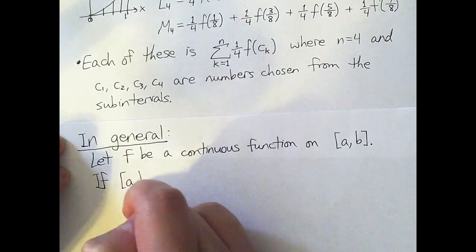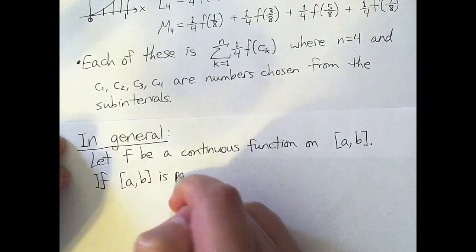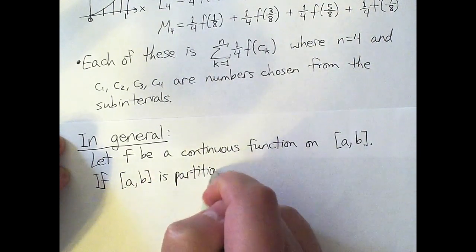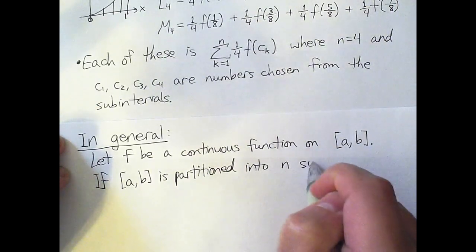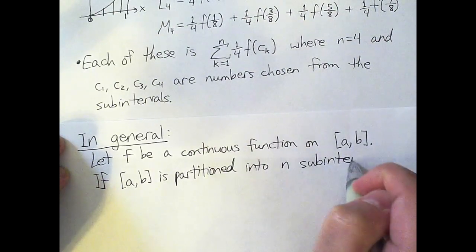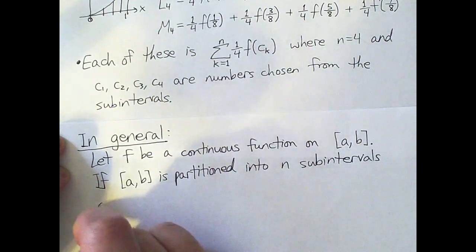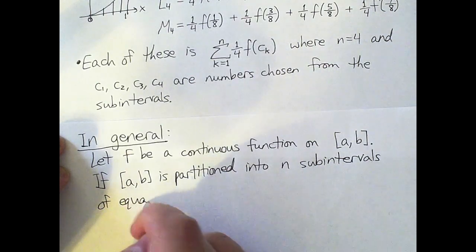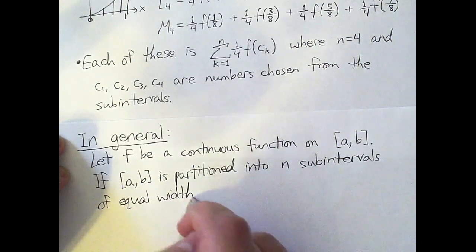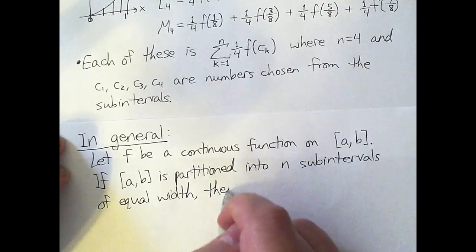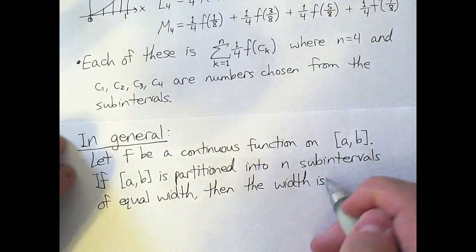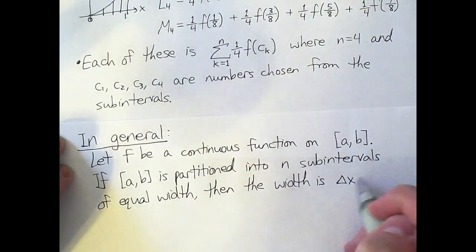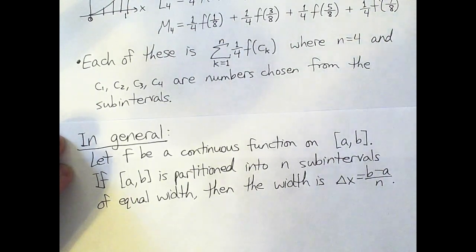If the interval from a to b is partitioned into n subintervals of equal width, then the width is delta x equals b minus a over n. We said that formula last time.